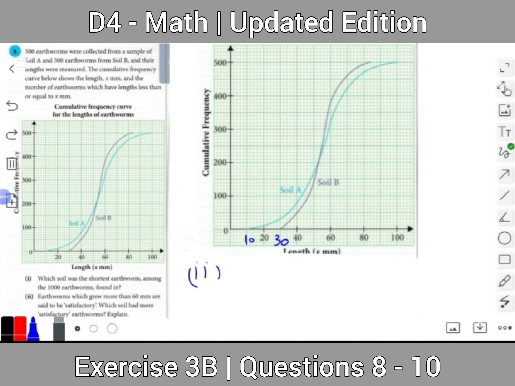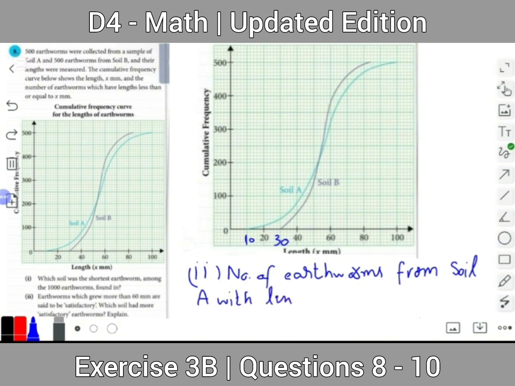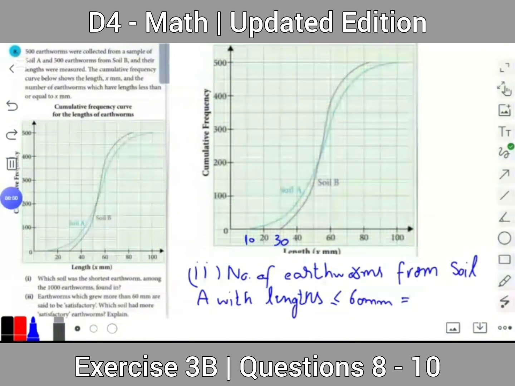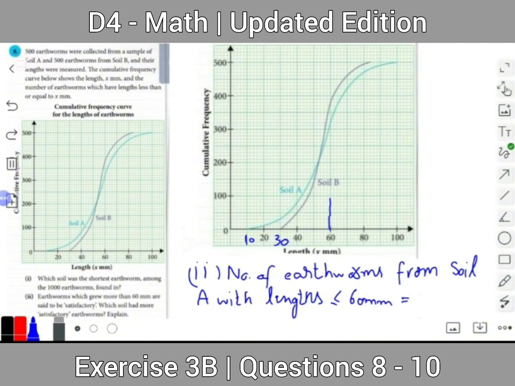So from the graph, the number of earthworms from soil A with length less than or equal to 60 millimeters is equal to, now from 60 along the x-axis we will draw a vertical line until it touches the cumulative frequency curve representing soil A.